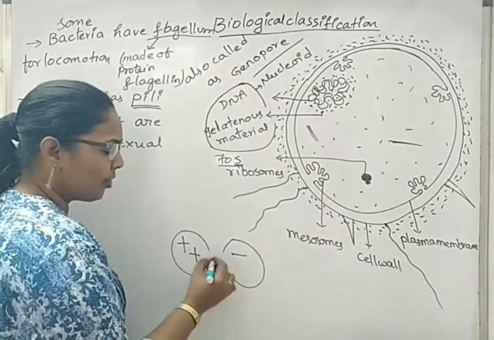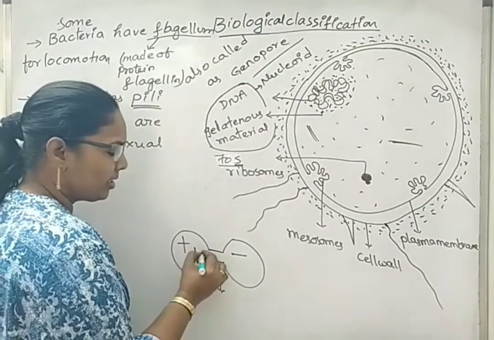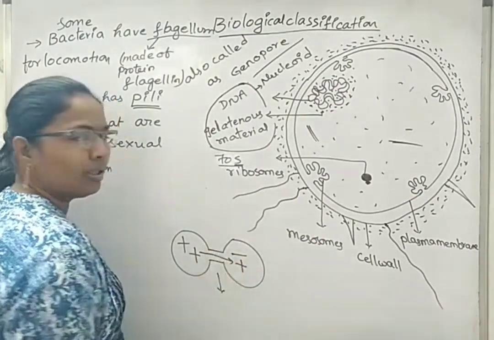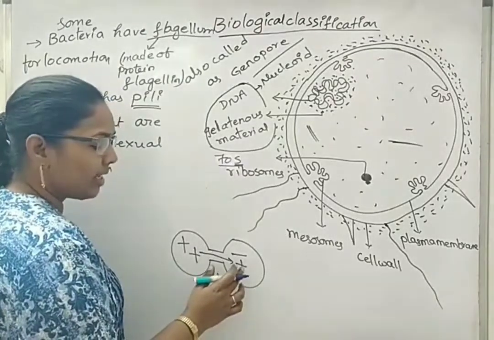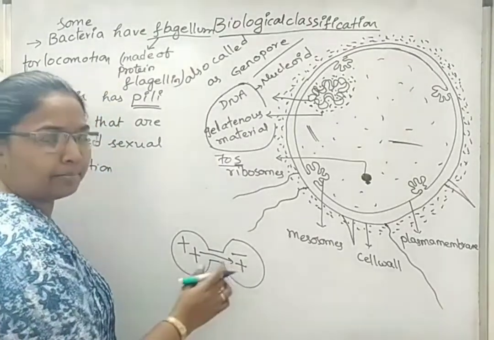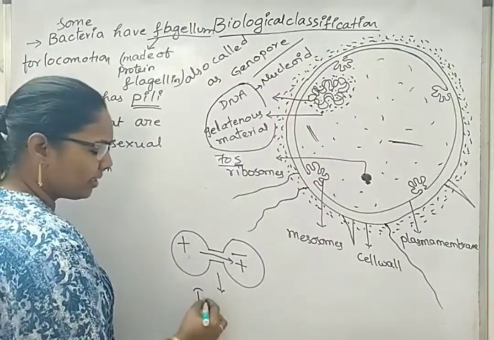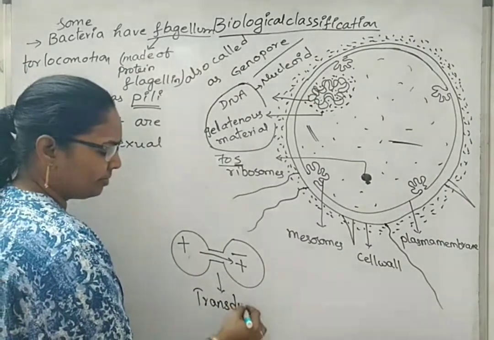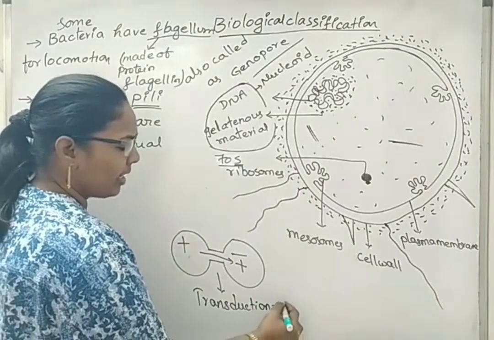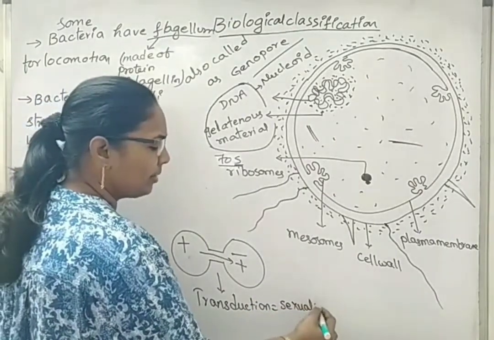Later, both will form a connection tube. Then this newly formed copy will enter the fertility-factor-absent bacterium. This process of transferring the fertility factor is called conjugation. We commonly call this sexual reproduction in bacteria.